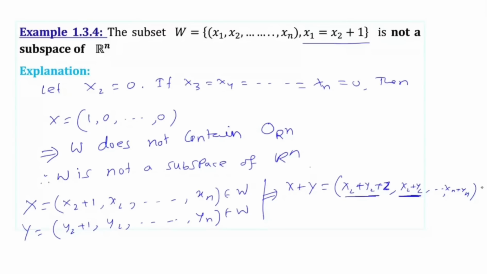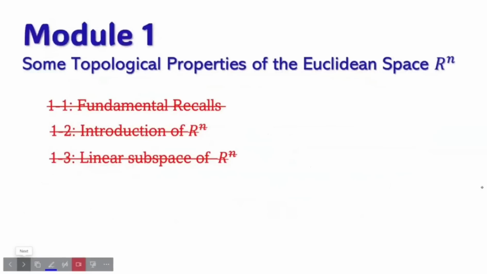Now look at this: the first entry is x2 plus y2 plus 1, and the second entry is x2 plus y2. If you subtract them, the difference is 2, not 1. So therefore it does not belong to W. So W is not a subspace of Rn.